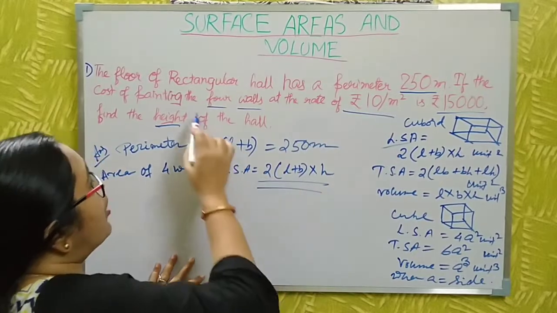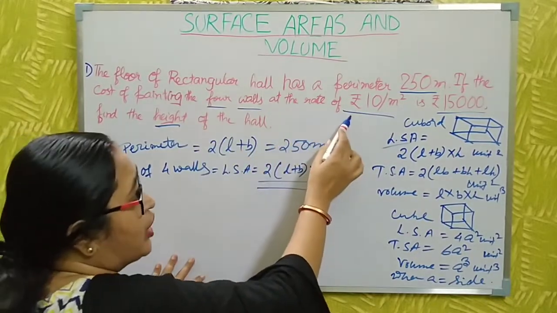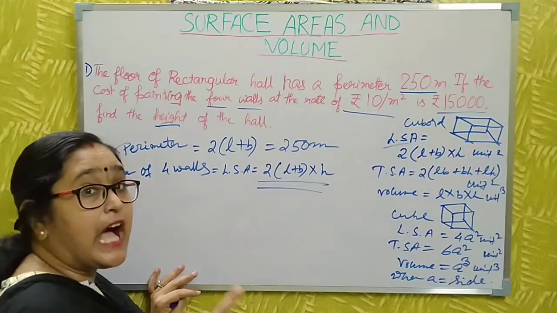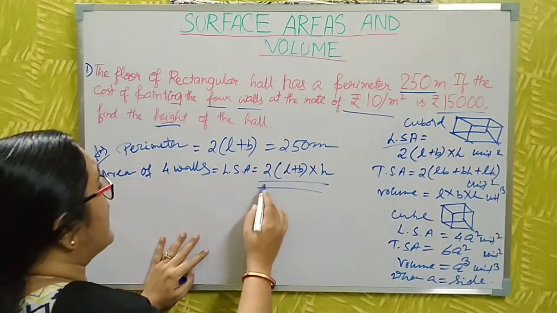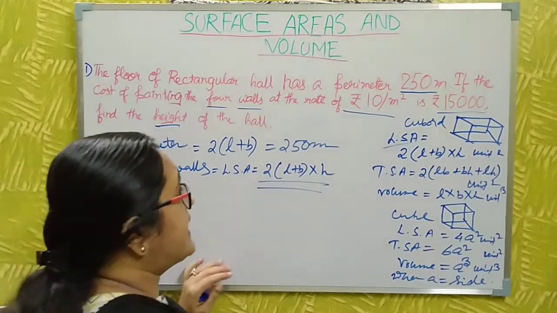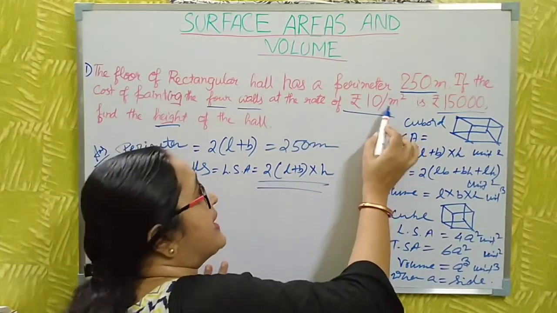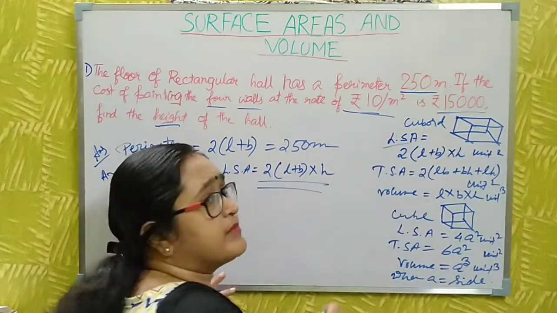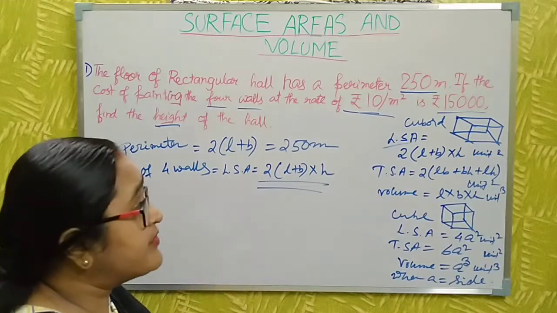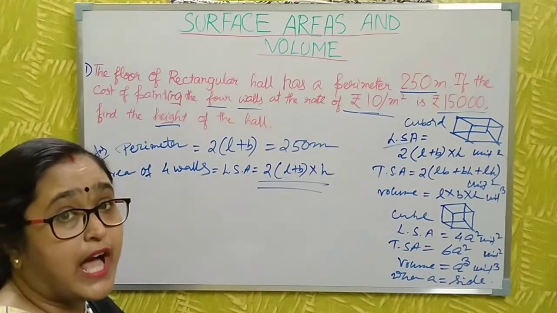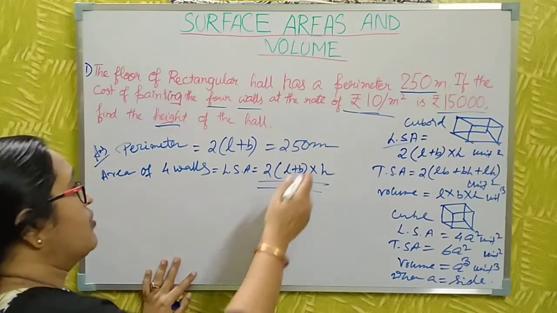Now the cost of painting the four walls at the rate of rupees 10 per meter square is 15,000. Now find the lateral surface area. How is it possible? One meter square of painting costs 10 rupees. Then 15,000 rupees is the cost for how many meter squares?